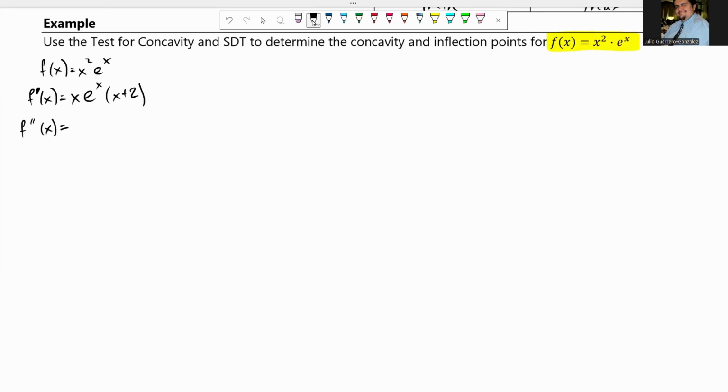For the test for concavity and the second derivative test, we need the second derivative. That means we need to take the derivative of the derivative. You can believe me if I tell you that the second derivative, if you clean it up right, is going to be e to the x times x squared plus 4x plus 2.